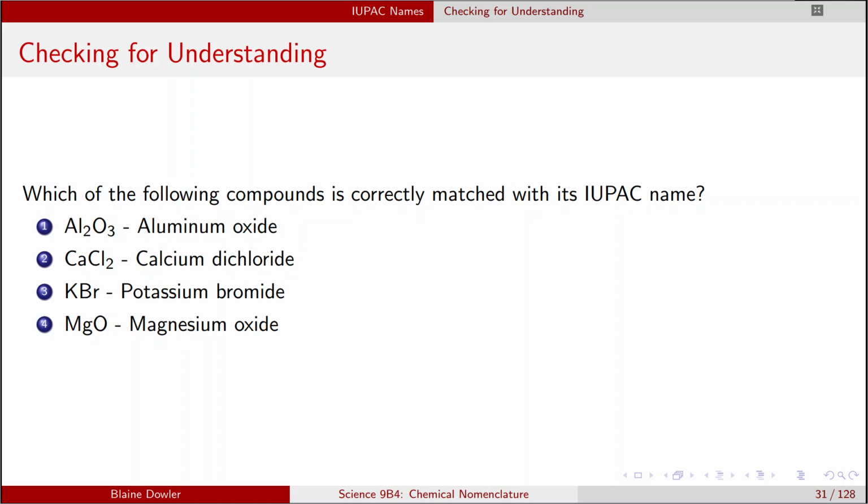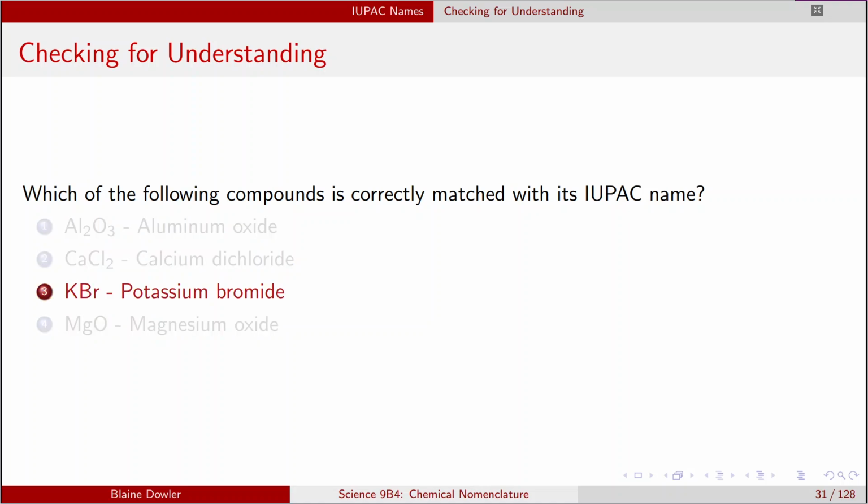Which of the following compounds is correctly matched with its IUPAC name? Is it Al2O3 aluminum oxide, CaCl2 calcium dichloride, KBr potassium bromide, or MgO magnesium oxide? Pause now if you need more time. It is potassium bromide.